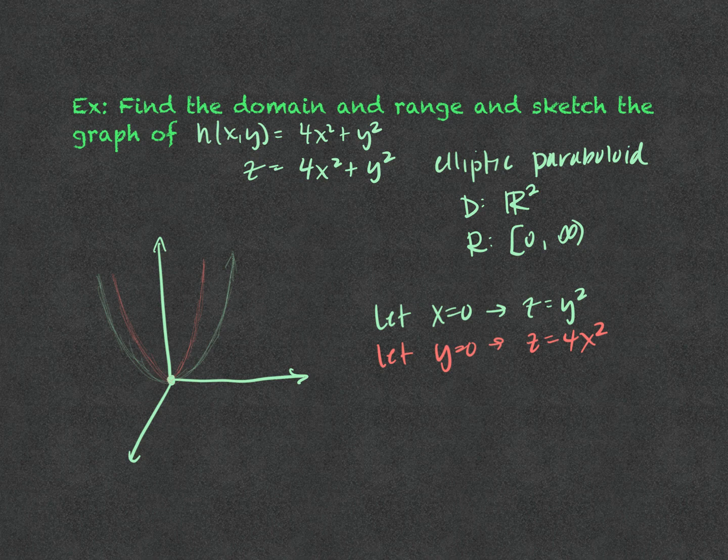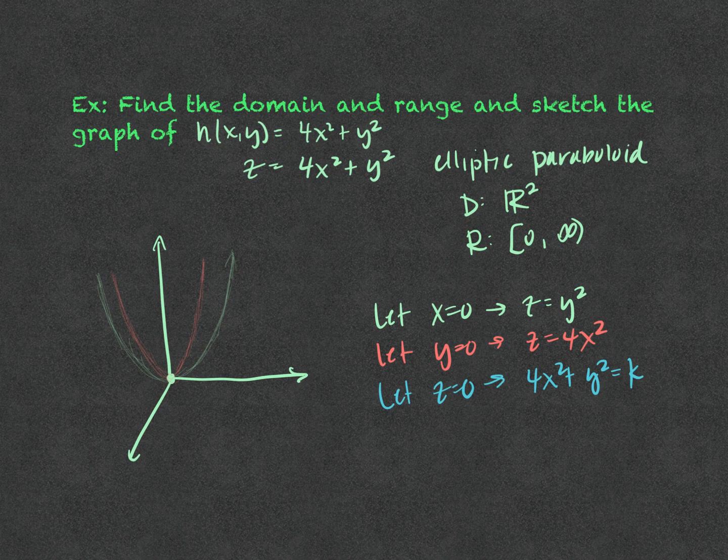And then let's let z equal 0. And that means we have 4x squared plus y squared equals some constant k, which is an ellipse, with your major axis at 4 and your minor axis at 1. But what we see is we see elliptical values happening across here.